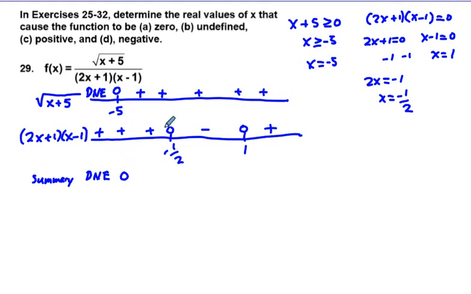Between negative 5 and negative 1/2 we have positive divided by positive, which is positive. At negative 1/2 we have positive divided by 0, which is undefined. Between negative 1/2 and 1 we have positive divided by negative, which is negative. At 1 we have positive divided by 0, which is undefined. And then greater than 1 we have positive divided by positive, which is positive.